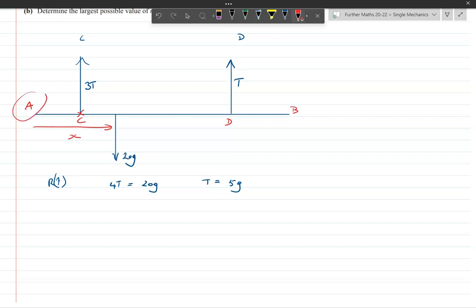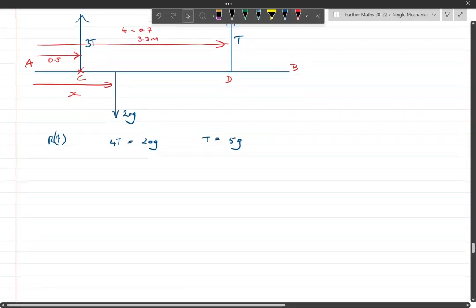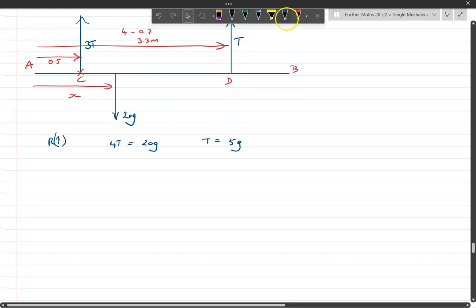I'm going to take it about A, because even though there are 3 forces involved, the distance asked for there is x, so it'll make all the distances pretty obvious. This distance is 0.5. And this distance here is 4 take away 0.7, so that's 3.3 metres.